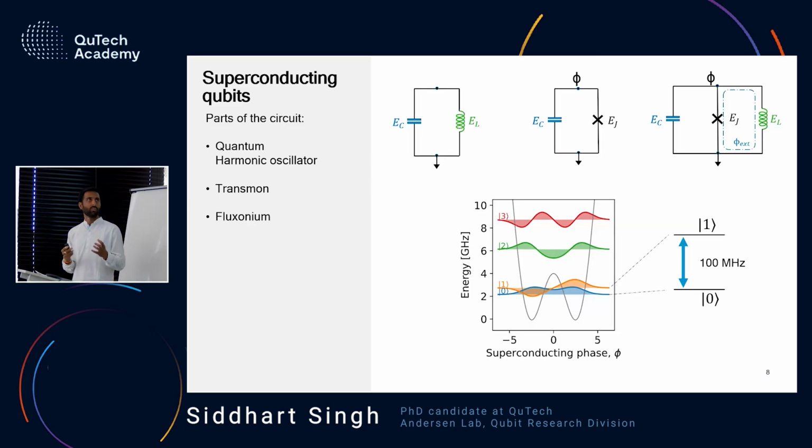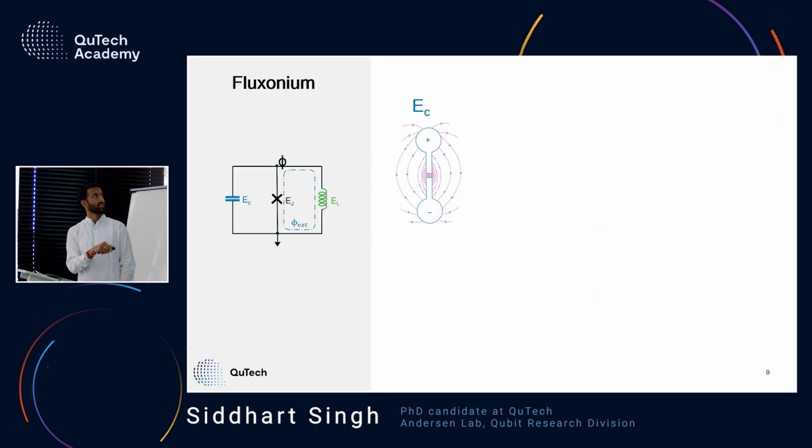So good, now we know the idea of fluxonium, we know how the levels look. So how do we physically realize a fluxonium? So first we will have a look at the capacitor. You can have a planar capacitor where you will have some electromagnetic field distribution due to the capacitance.